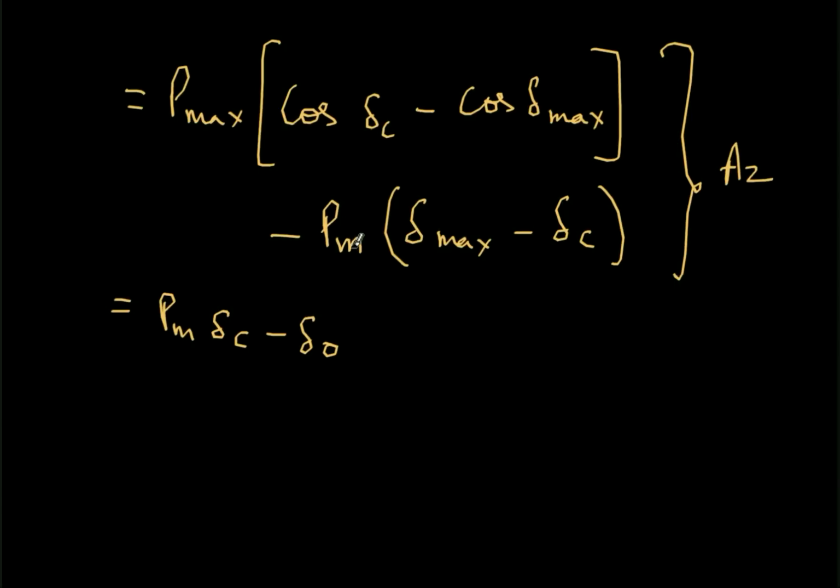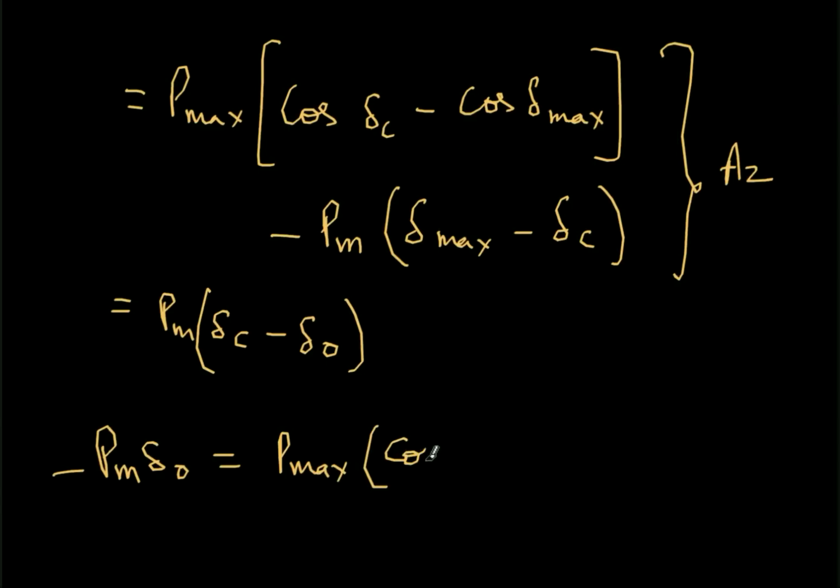PM minus delta C will be plus, and on both sides this will be cancelled out. And then I'll get PM delta naught equal to P max into cos delta C minus cos delta max. So here this term is cancelled, so minus PM delta max.